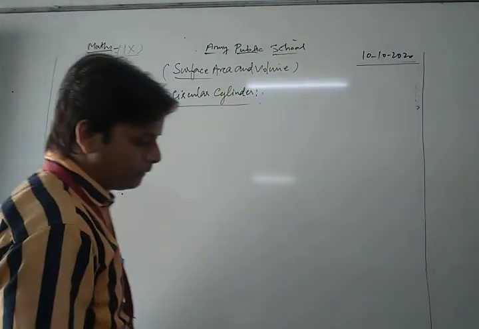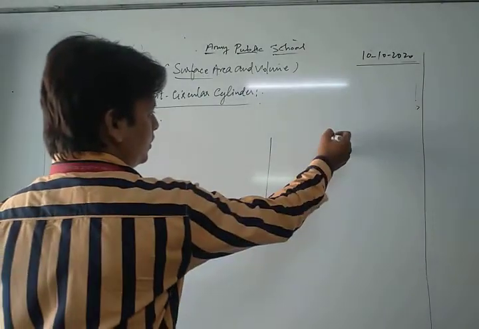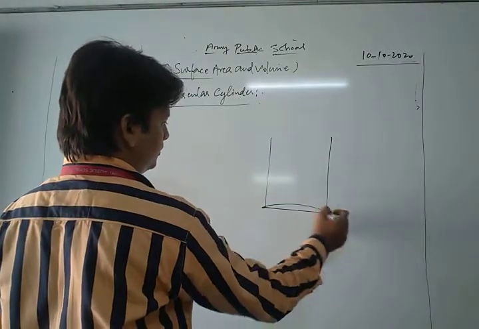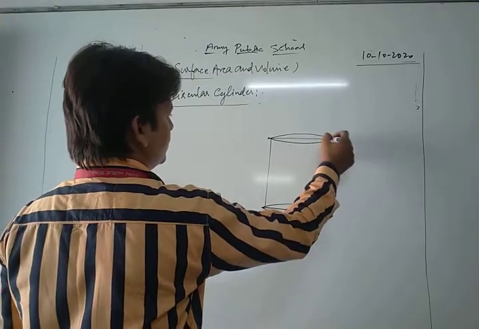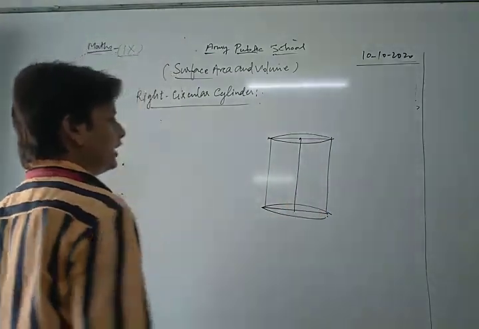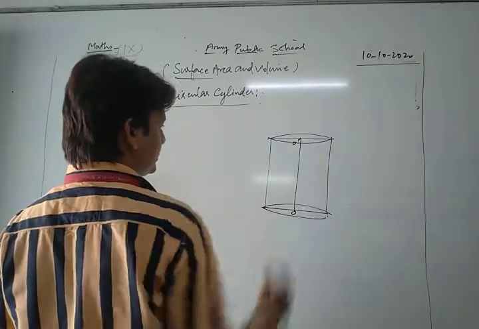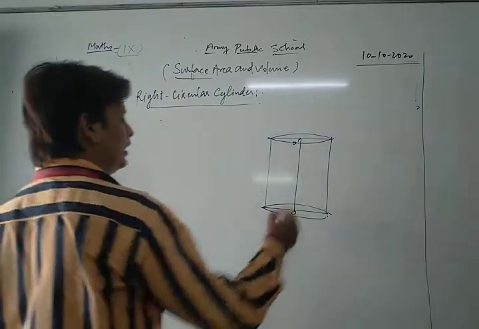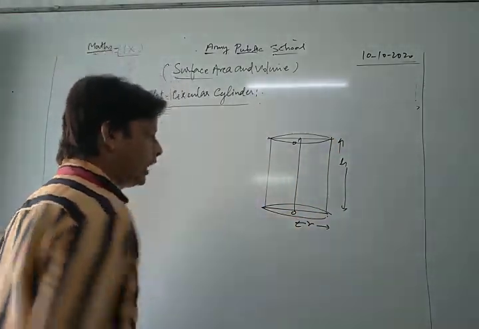Dear friends, the shape of a right circular cylinder is this. This is the shape of the right circular cylinder, in which O and O dash are the centers of the base and the top of the cylinder, and this is the height of the cylinder, and the radius of the base of the cylinder is R.